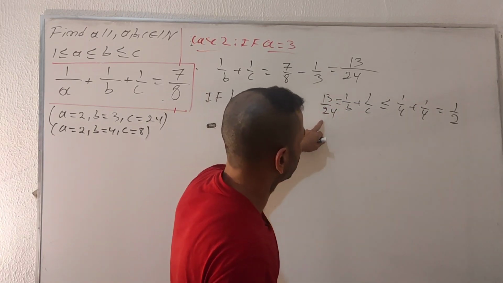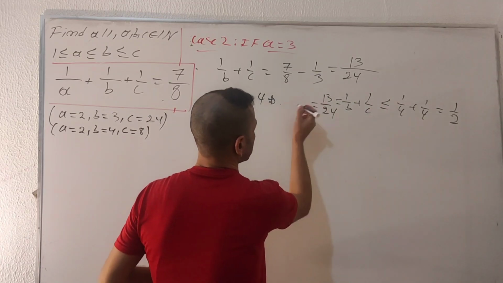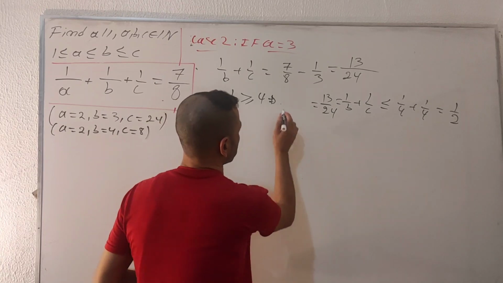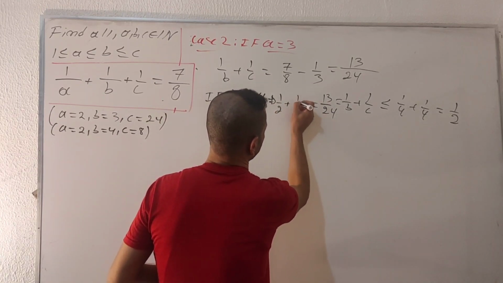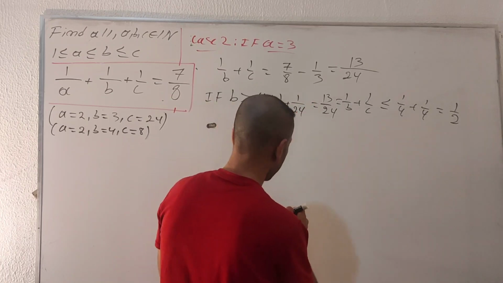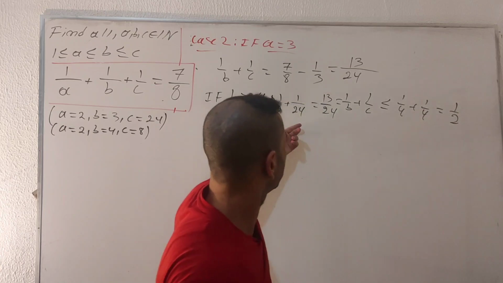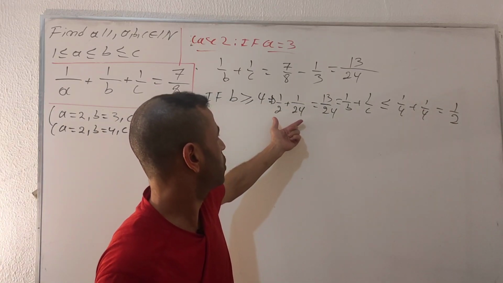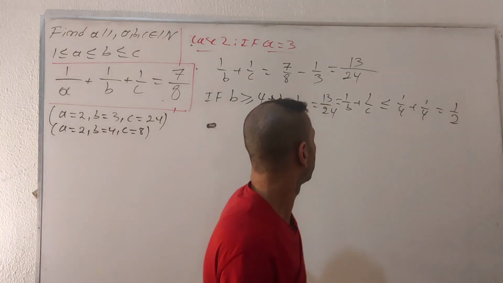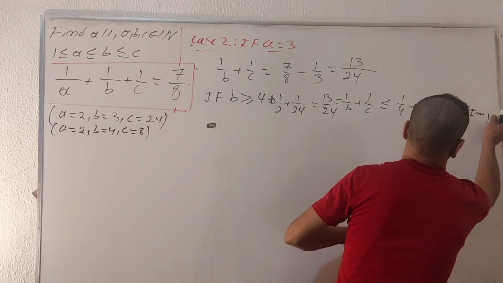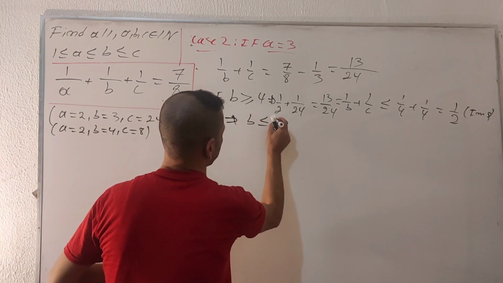Let's use a smooth trick to compare these. We know 13 is the same as 12 plus 1, so 12 over 24, which is a half, plus 1 over 24. We have a half here and a half here, so it's impossible for this sum to be smaller than this one. This is impossible, which means b must be less than or equal to 4.